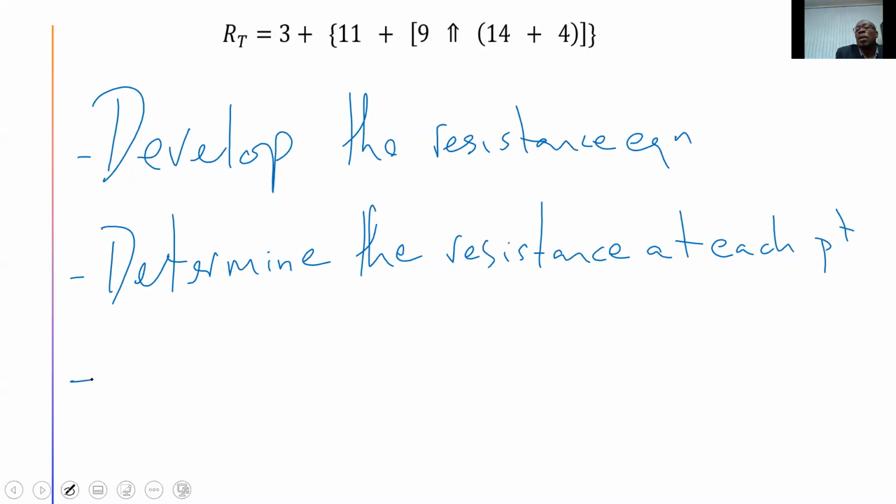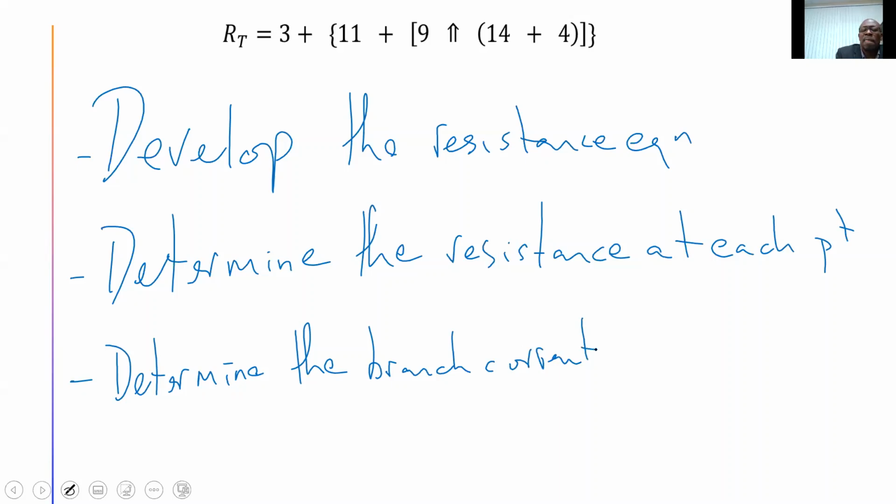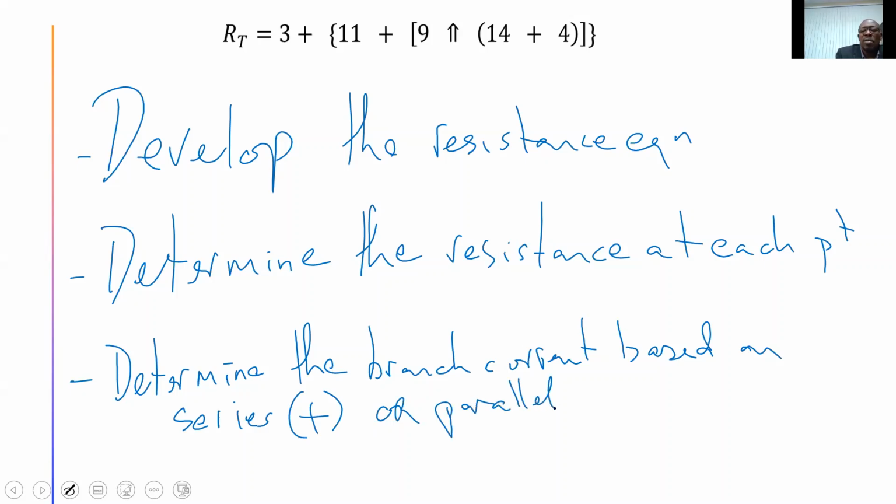And then lastly, we will determine the branch currents based on series, which is represented by the plus sign, or parallel, represented by our arrows from the equation. And that is how we use the resistance equation for circuit analysis.